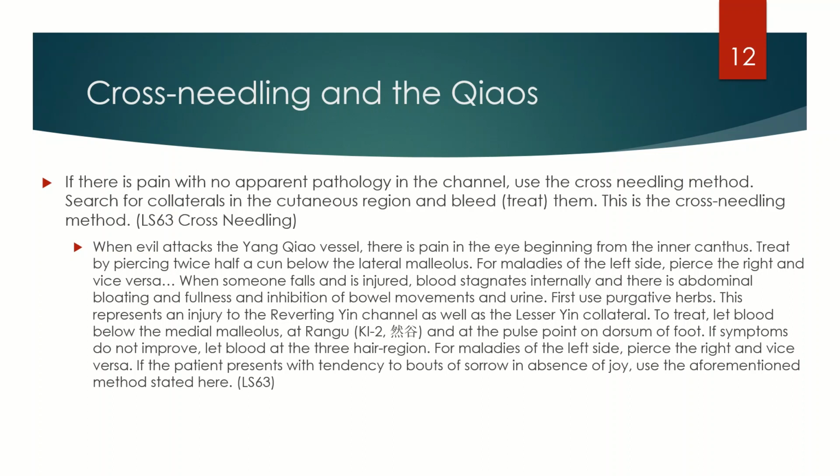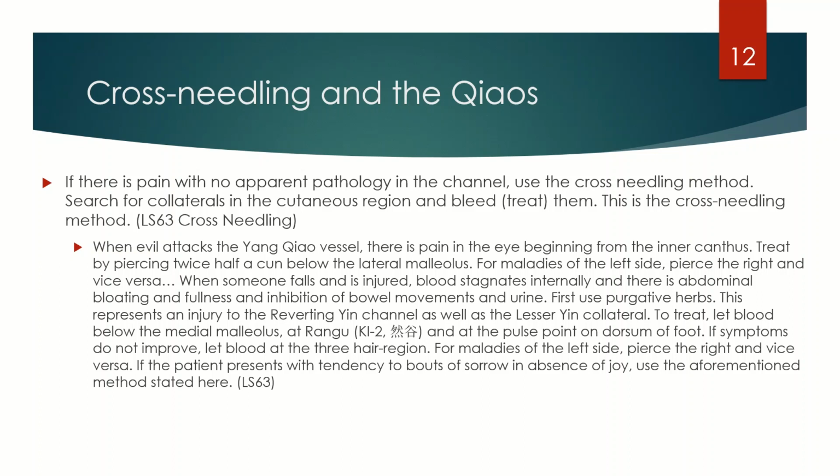To treat, let blood below the medial malleolus at Rangu, kidney 2, and at the pulse point on the dorsum of the foot. So I think that might be Zhongfeng on the liver channel. If symptoms do not improve, let blood at the 3 hair region. For maladies on the left, pierce the right. If there's tendency to bouts of sorrow, use the same treatment.